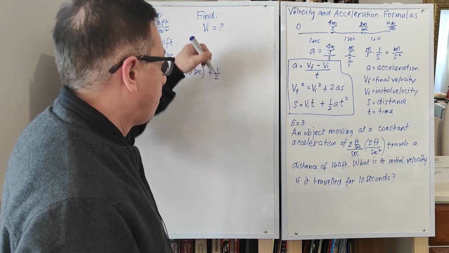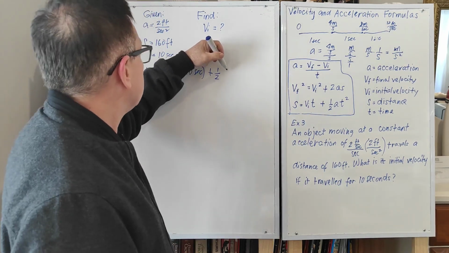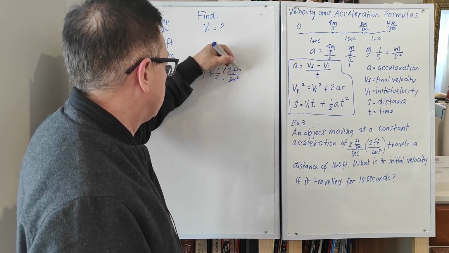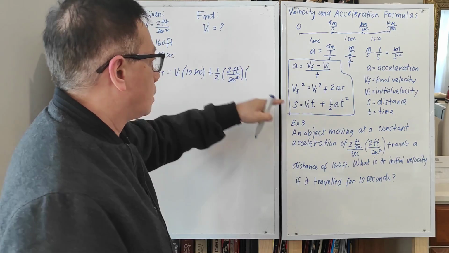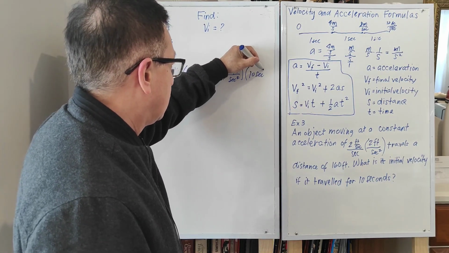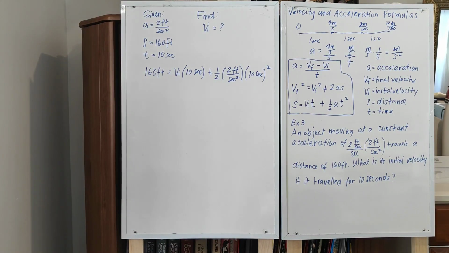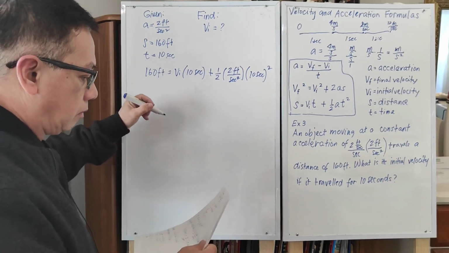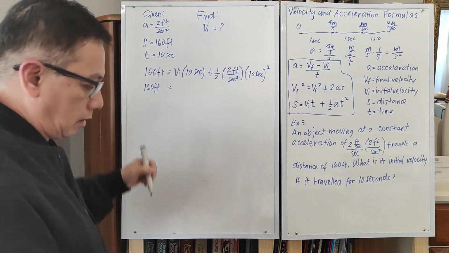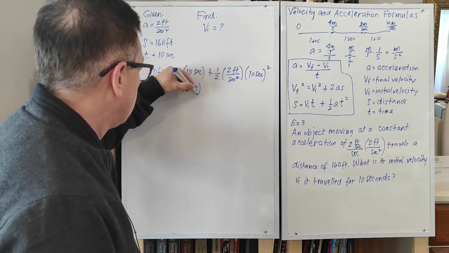plus 1/2. Acceleration is 2 feet per second squared, times time, which is 10 seconds, the quantity squared. So we'll just copy this 160 feet, and then we just copy this one, 10 seconds.